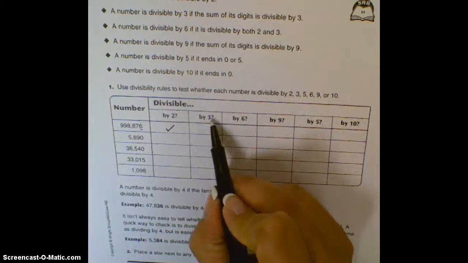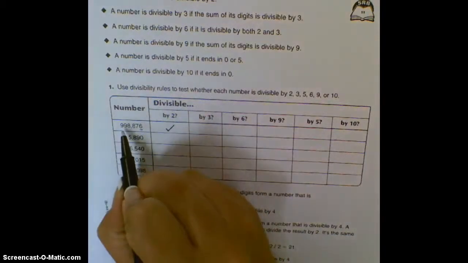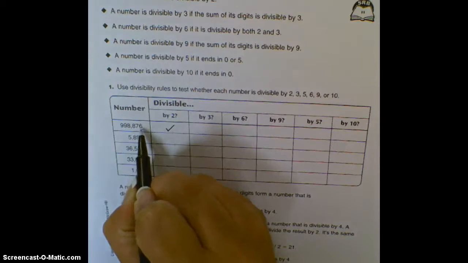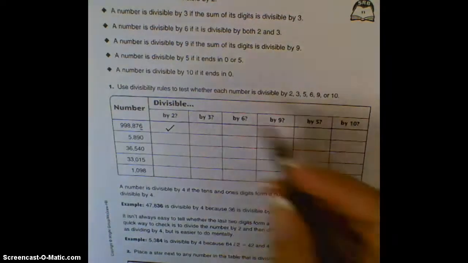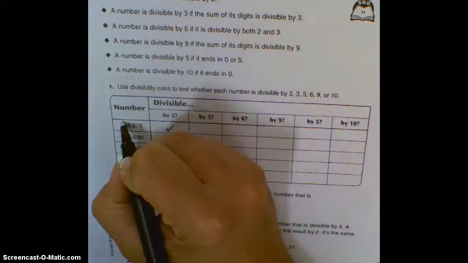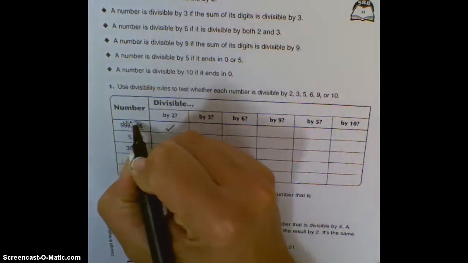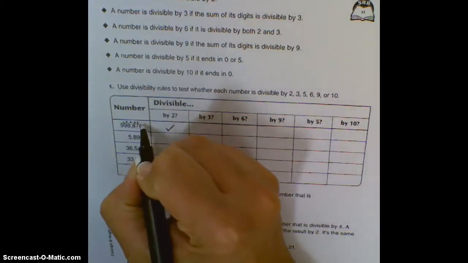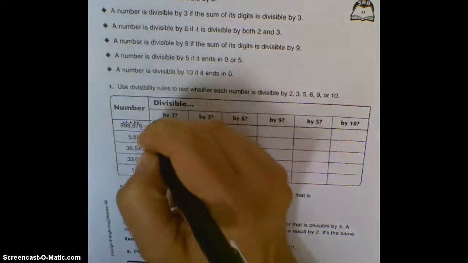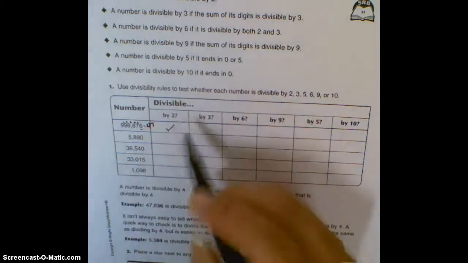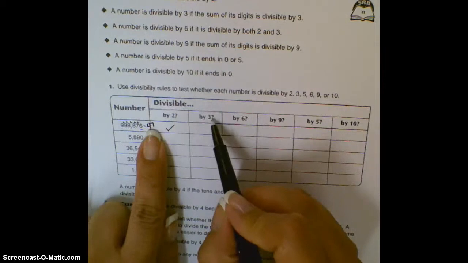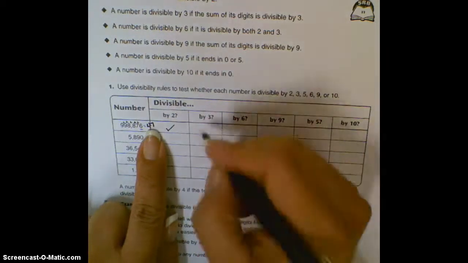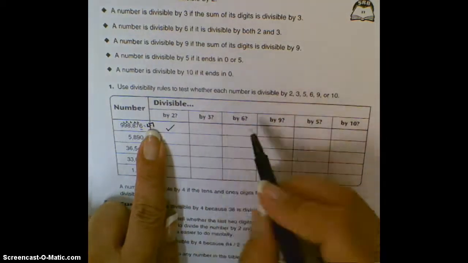And divisible by 3, that means we have to add all of them up. 9 plus 9 plus 8 plus 8 plus 7 plus 6 would equal 47. So knowing that the sum of the digits is 47, is 47 going to be divisible by 3? Nope. So we know that this one is not divisible by 3.